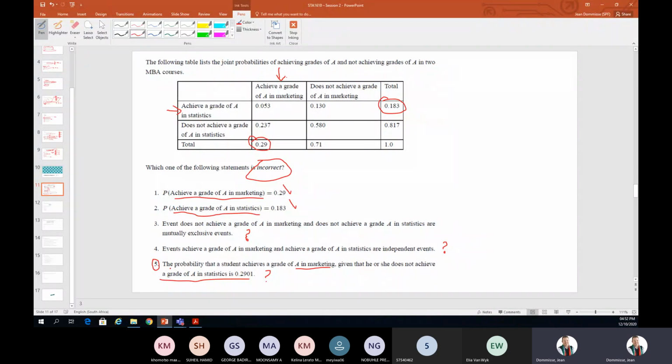So the probability that a student achieves a grade of A in marketing, given that he or she does not achieve a grade of A in statistics. Does not achieve a grade of A in statistics.